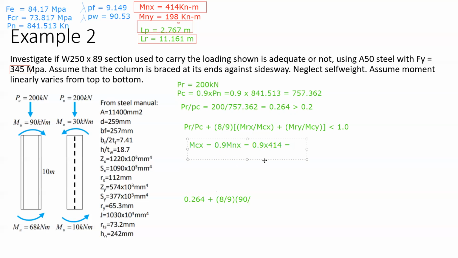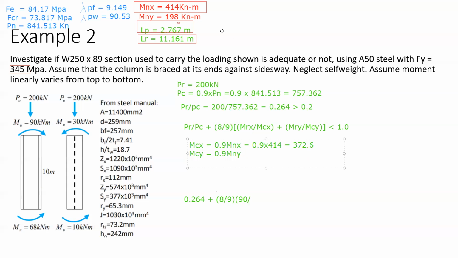So 0.9 times 414 is 372.6. And let's also solve for your MCY. This is equal to 0.9 FYZY, or simply 0.9 MNY, since we already solved it.